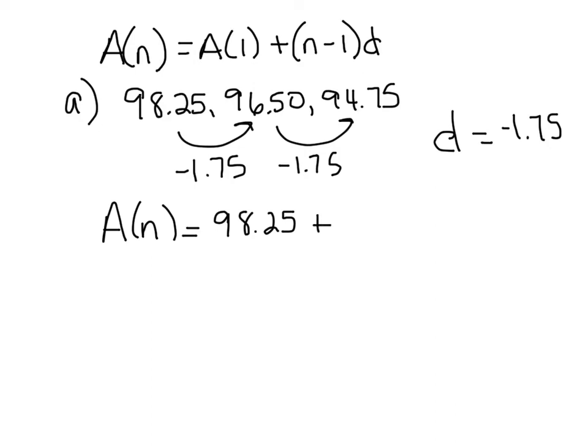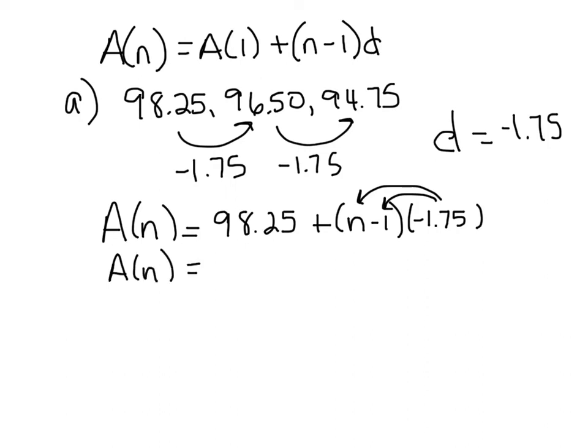Then we add, in parentheses, n minus 1, and then our common difference is times negative $1.75. You can leave that as your sequence, but I'd rather you simplify it. So then we have A of n equals $98.25.